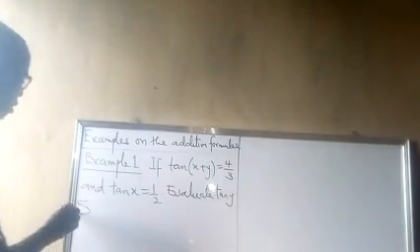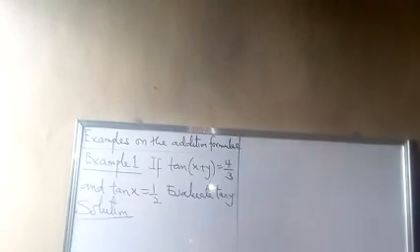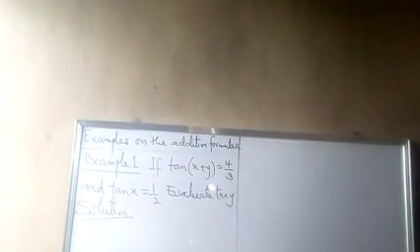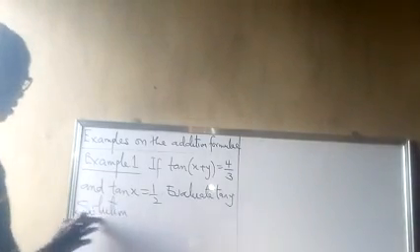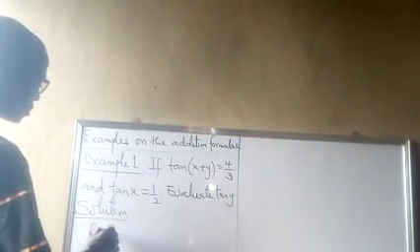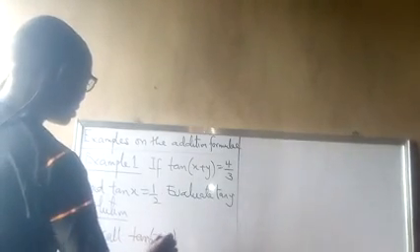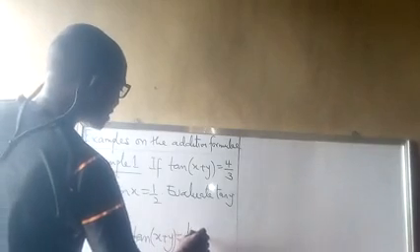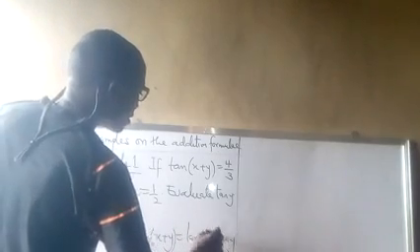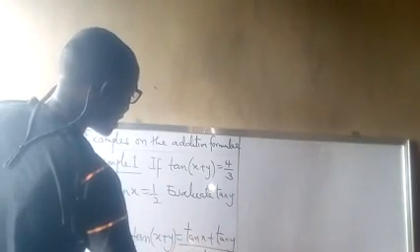Okay. Now, we have to recall our formula that relates to tan(x + y). Recall that tan(x + y) is equal to (tan x + tan y) all over (1 minus tan x tan y).